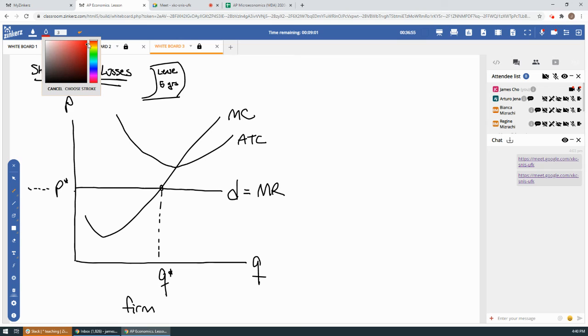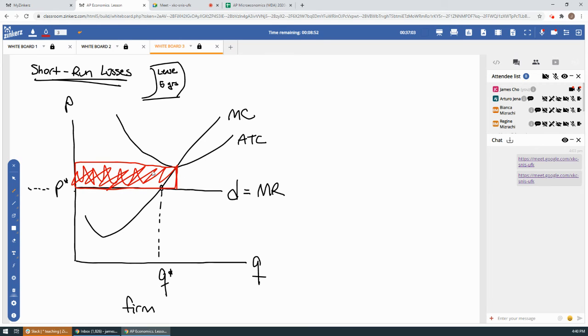Now, do not do this. First of all, what does that box represent? Your losses. Trick question. That box represents nothing at all. I don't know why students start from here. I guess it looks like the minimum point of ATC, that's super important, so there's going to be the profits or the losses.